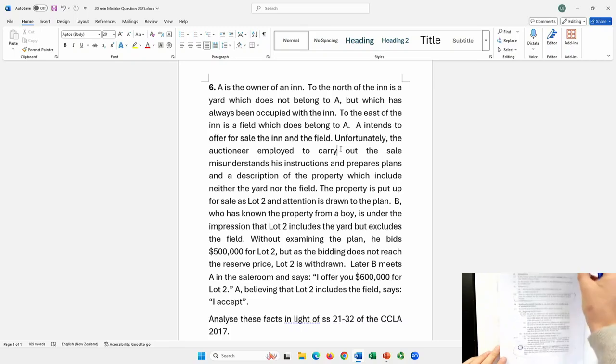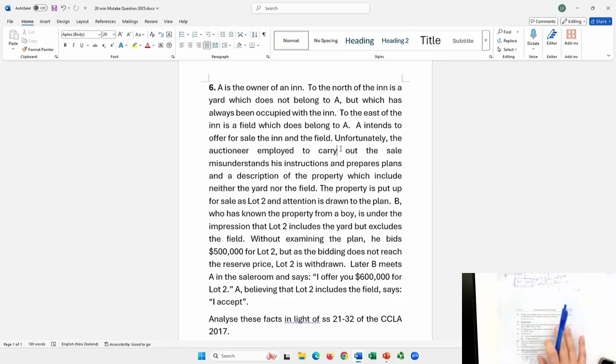Well, the auctioneer just drew it up, right? Who are the actual parties to the agreement? Both A and B, great.